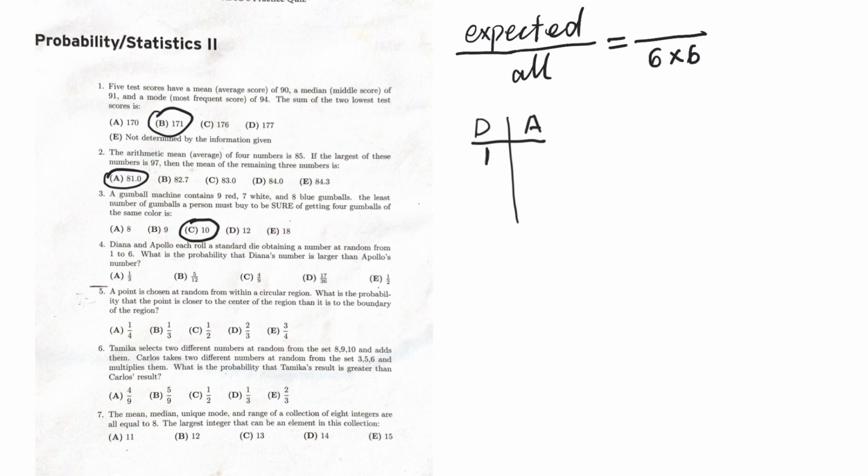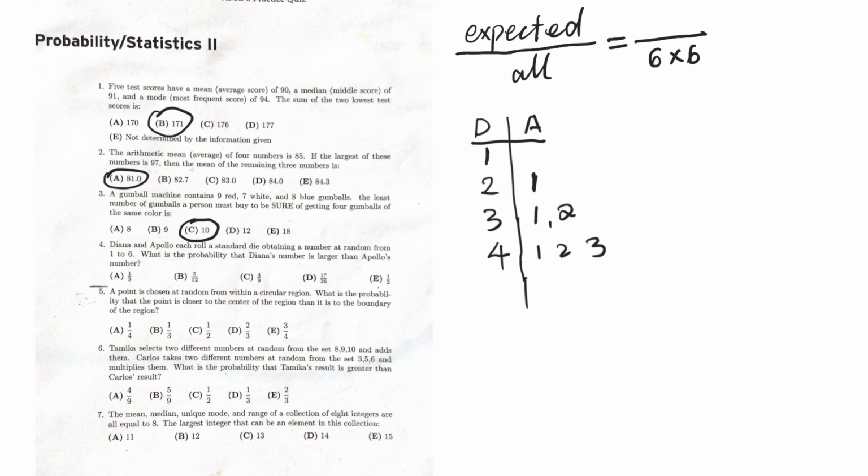If Diana rolled 1, no number is less than hers. If Diana rolls 2, Apollo's number can be 1. If Diana is 3, Apollo can be 1 and 2, which satisfies being greater than Apollo's. If Diana's number is 4, Apollo can be 1, 2, 3.